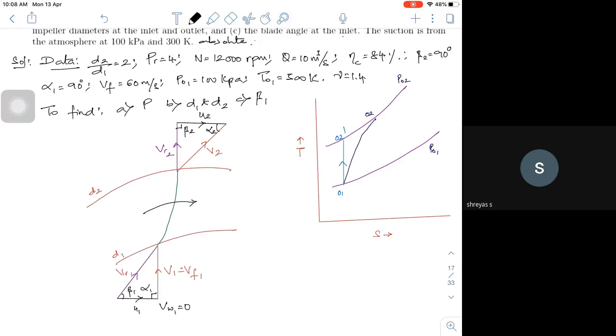So from the given data, I have written the corresponding velocity triangle and a TS diagram. Now, from the pressure ratio, let's try to calculate.